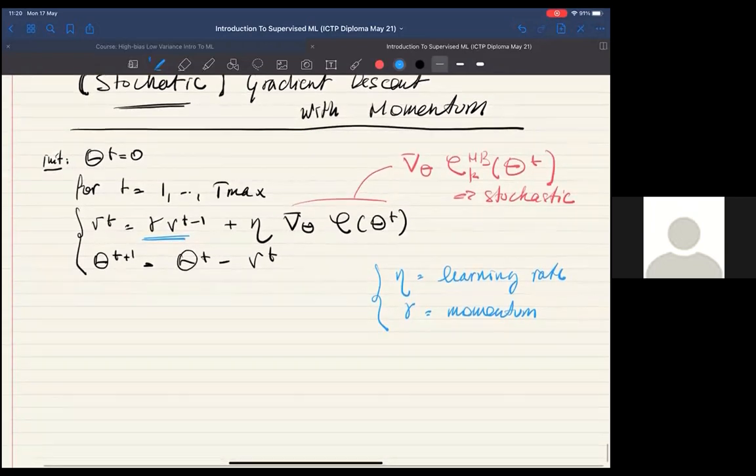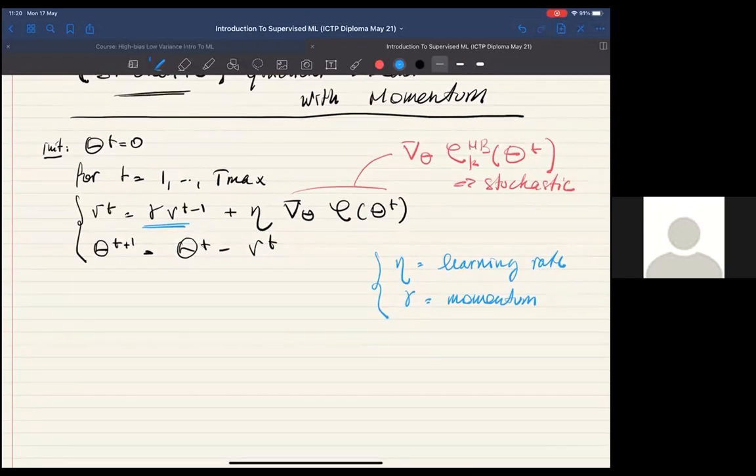Because again, I think a natural way, at least for physicists, to visualize this gradient descent dynamics is really as a particle moving in a landscape. And now we will give a mass to this particle, and therefore it will have inertia.